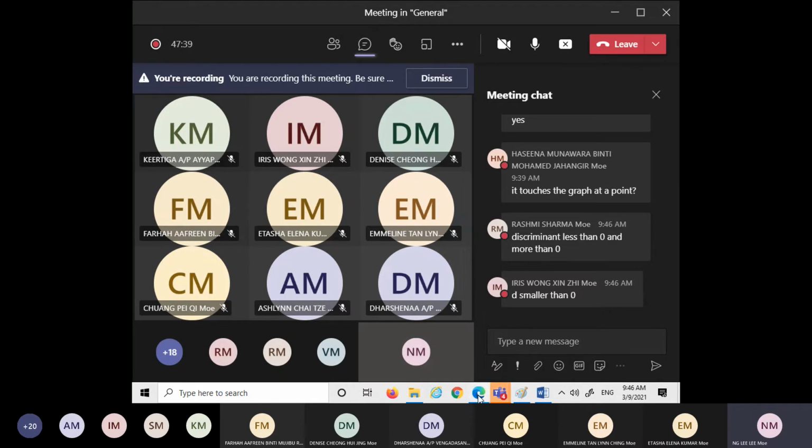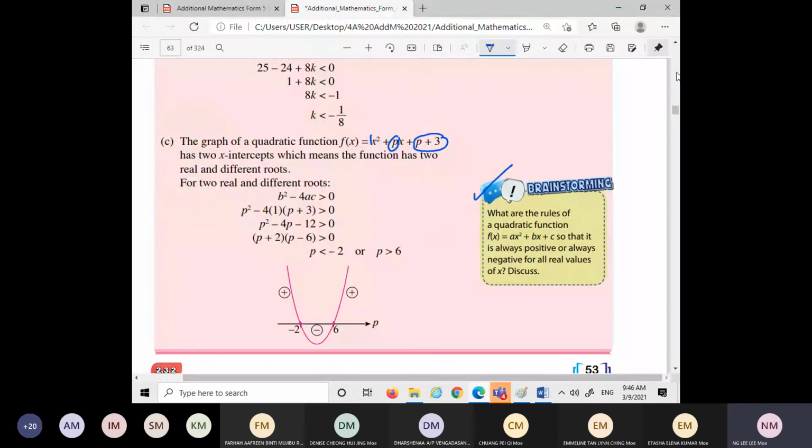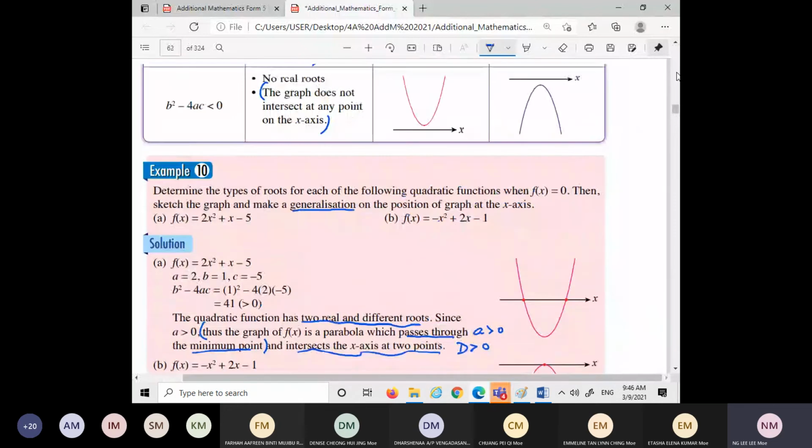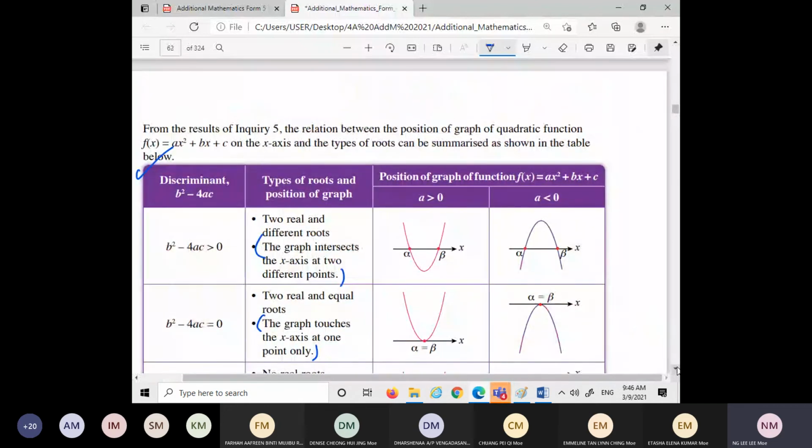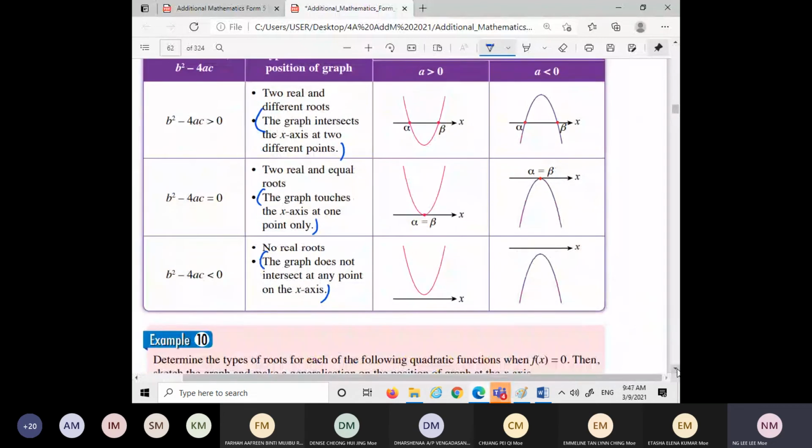Okay, let us go back to the table. You say that the function always positive is this, and the function always negative is this. So when this happens, what rules can you say? This one, discriminant is smaller than 0.